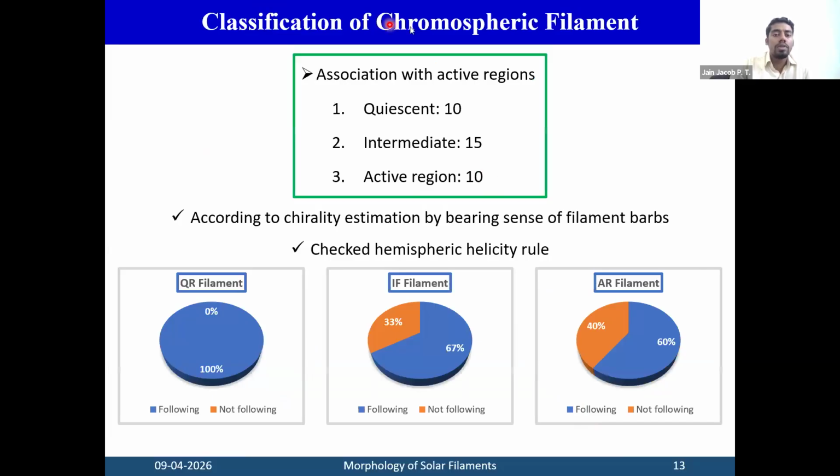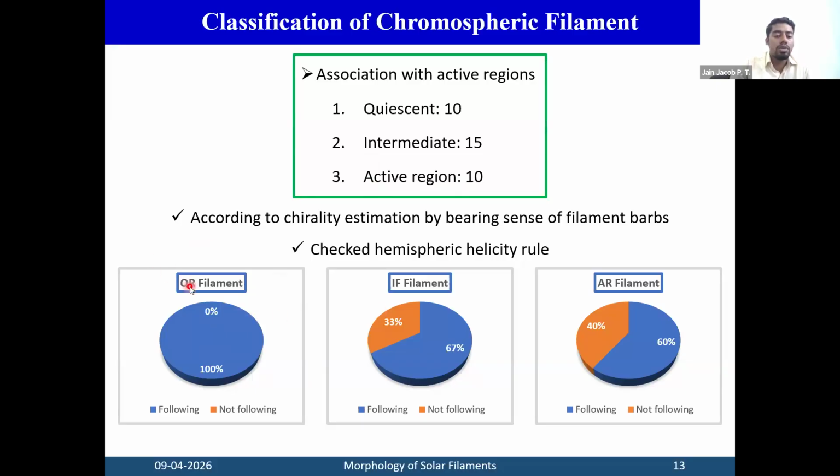The next classification of the solar filaments is according to the association with the active regions. In this study we have 10 quiescent filaments, 15 intermediate filaments, and 10 active region filaments. Then, according to the chirality estimated using bearing sense, we checked how they obey the hemispheric helicity rule.